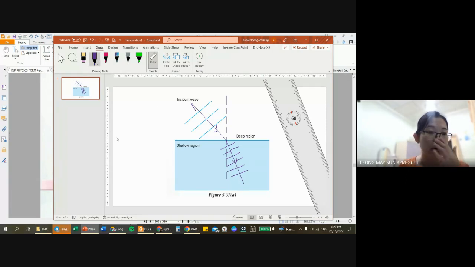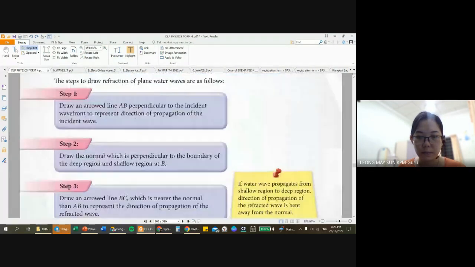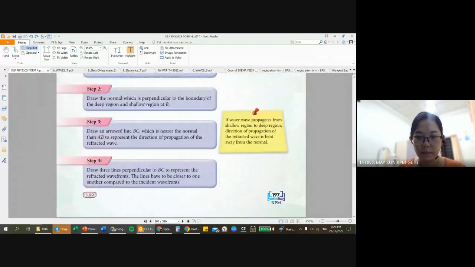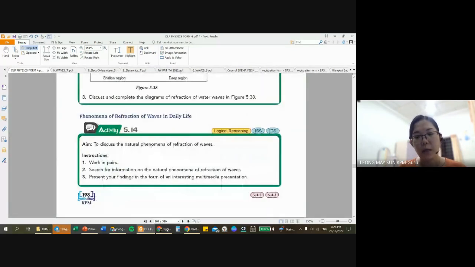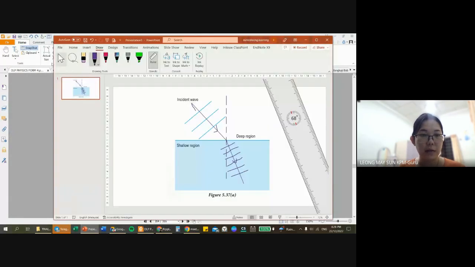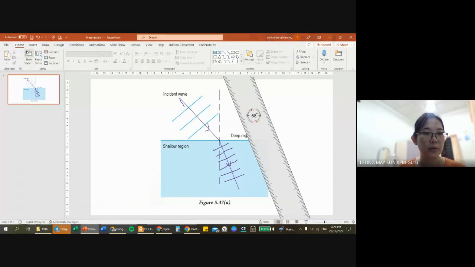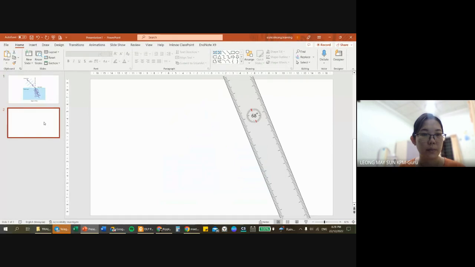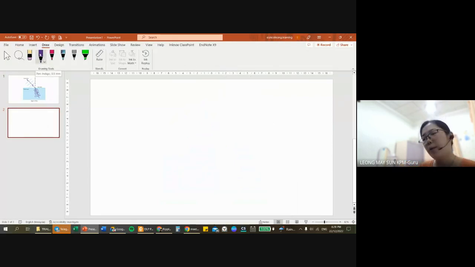Okay, so let's see what else. Okay, I think this one should be okay. Now, regarding refraction of water waves, I'm going to start scribbling here, so I hope you have your paper and pen with you. One thing, my method of memorizing refraction of waves, I will talk about the seaside.